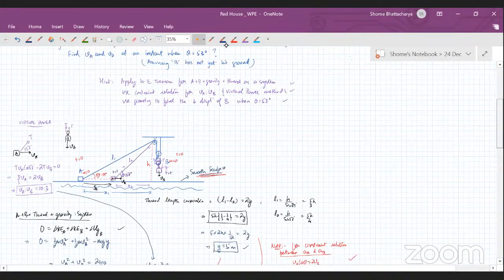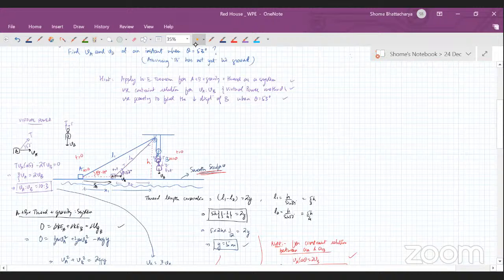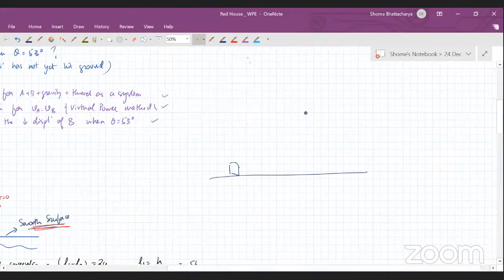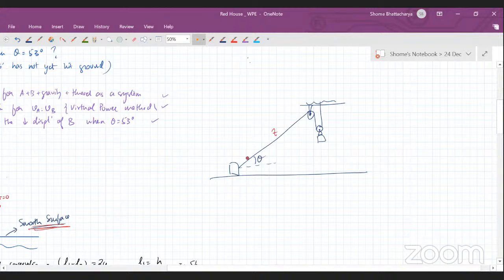So if we are not using virtual power, we have to find the constraint relation like this: at any arbitrary instant, when this angle is some theta, we'll take this part of the thread as Z and this as Y. So the total thread length is Z plus 2Y.